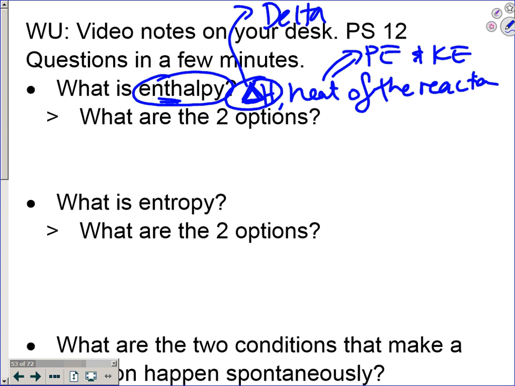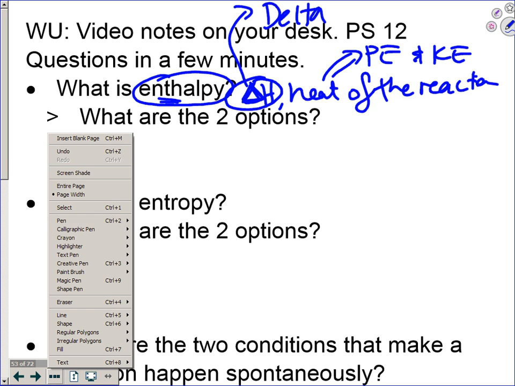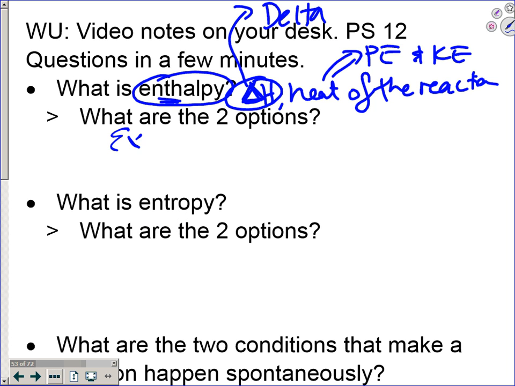Give me some options. What are some varieties of enthalpy we can have, Savannah? Exothermic. Okay, so exothermic is one version. Exothermic, and delta H would have a what sign? A positive or negative, Savannah? Negative value, right? So exothermic is a negative delta H, and then Izzy?